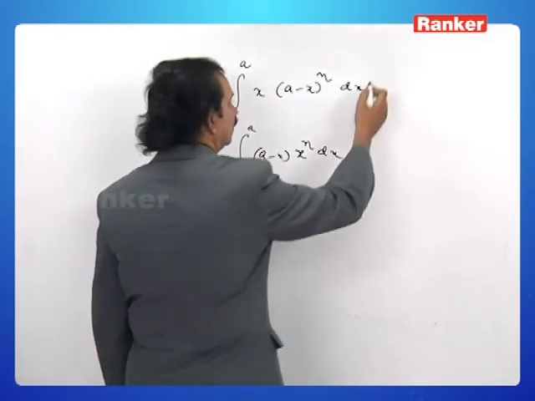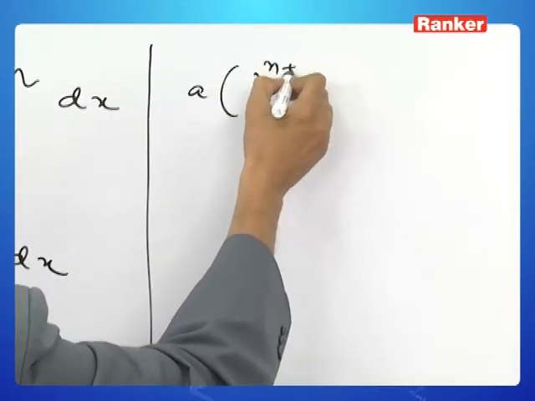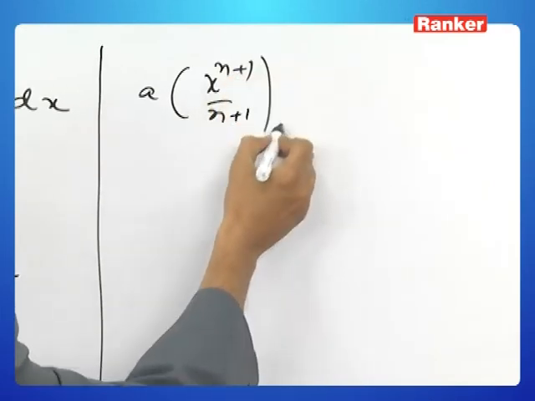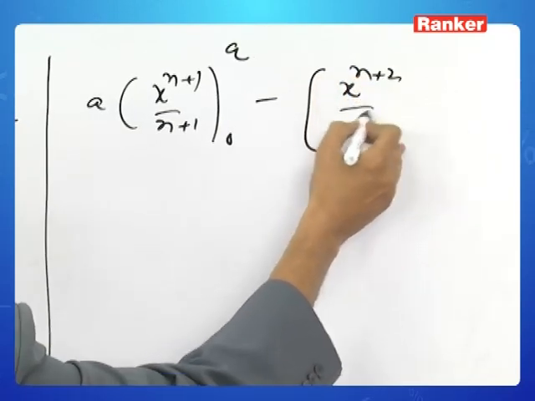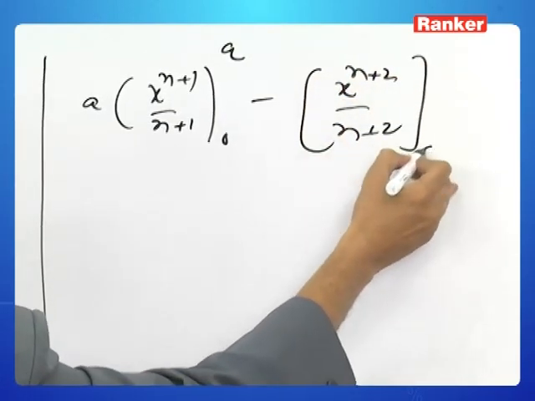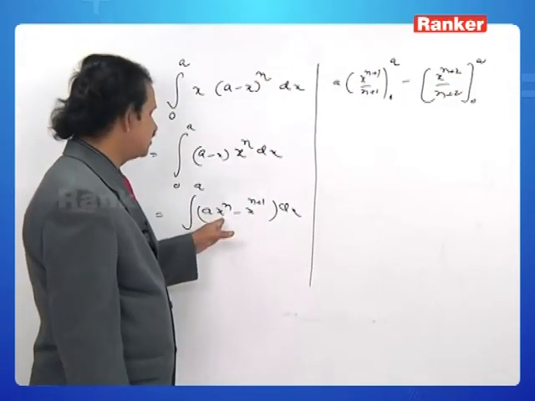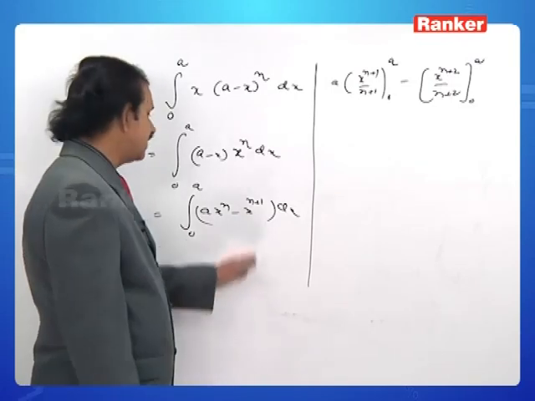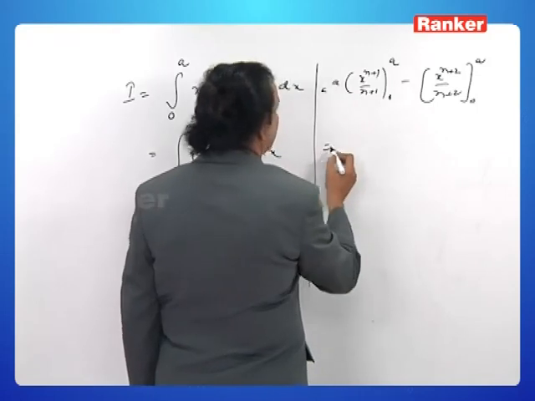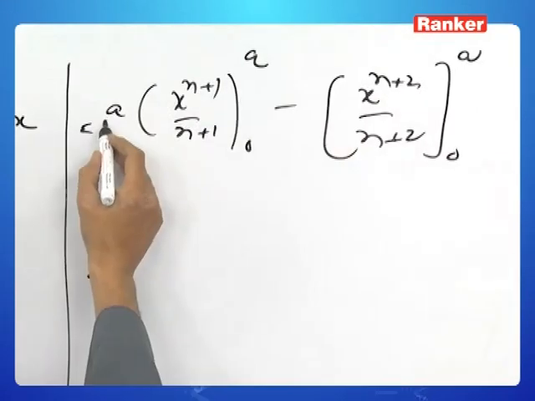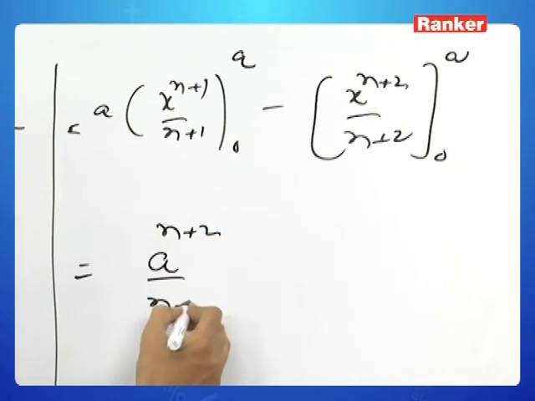Okay, so this is a into x power n plus 1 by n plus 1 between the limits 0 to a, minus x power n plus 2 by n plus 2 between the limits 0 to a. Am I correct? For this it is a into x power n plus 1 by n plus 1, and for this it is x power n plus 2 by n plus 2. Okay friend, hence this is, you put a in the beginning, a into a power n plus 1, a power n plus 2 by n plus 1.